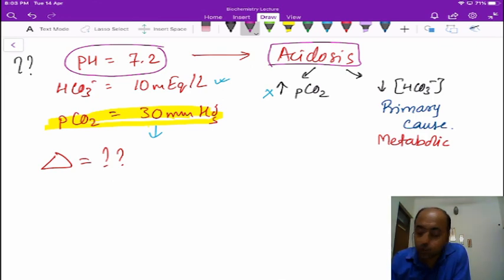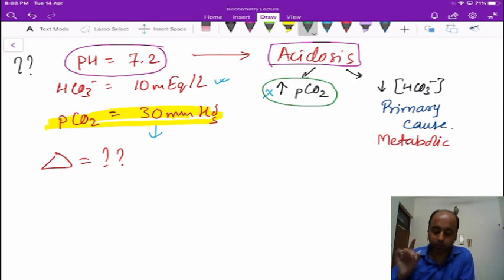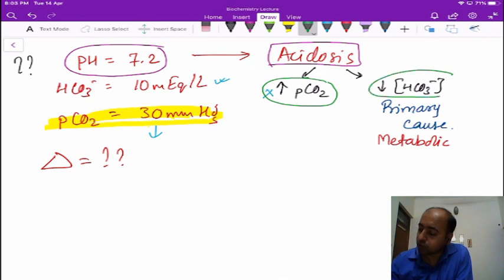If it is acidosis, there are two possibilities: either the PCO2 should be increased, or the bicarbonate should be decreased. If PCO2 is increased, it would be respiratory. If bicarbonate is decreased, it will be metabolic.